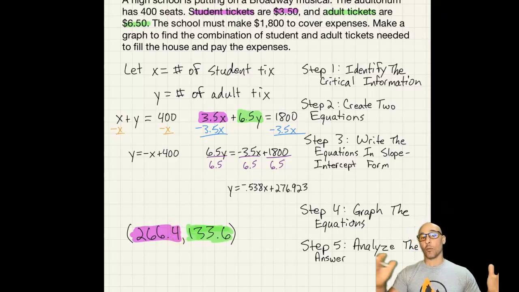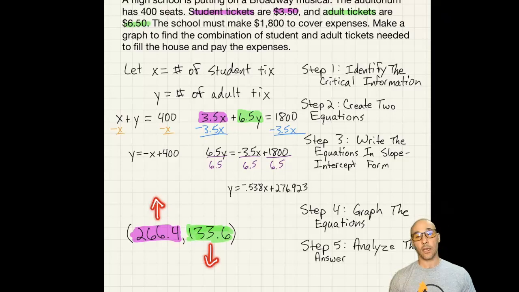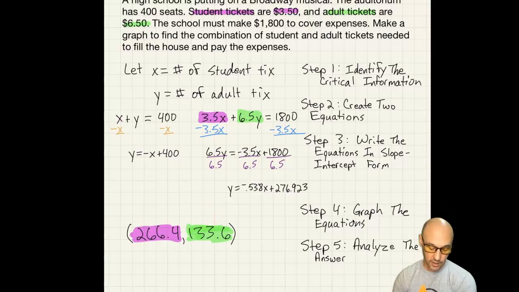So I'm either going to need to round down and round up. So round this one down to 266 and this to 134. Or I'm going to need to round up to 267 and this to 133. Now, we want to make sure that we make at least $1,800. So it makes more sense to round up the adult tickets.